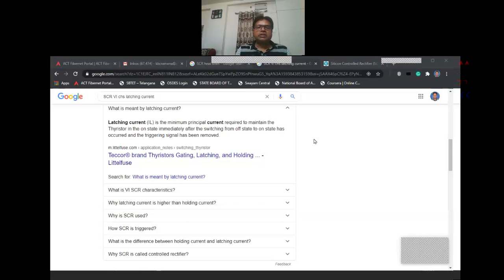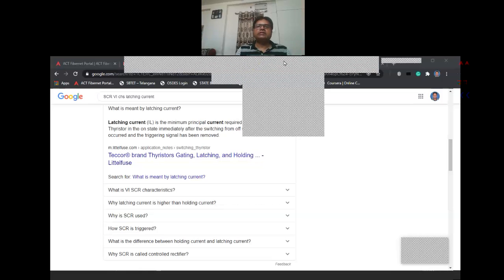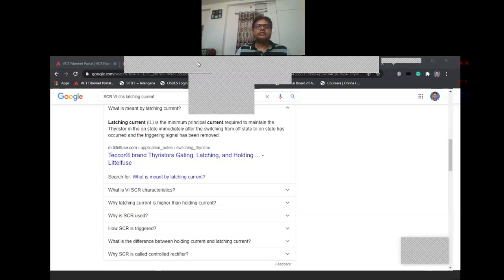So the latching current is the minimum current to be maintained through the thyristor so that it will be maintained in the conduction state once the gate pulse is removed.